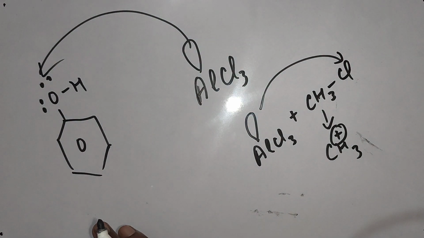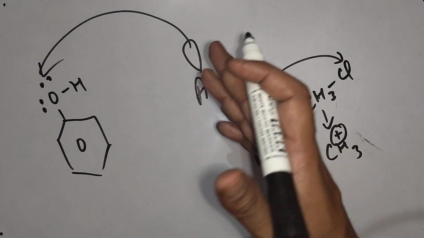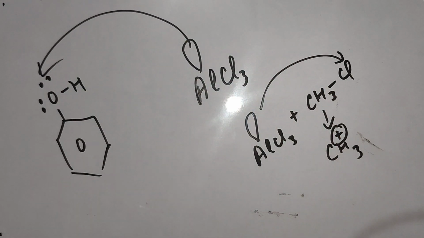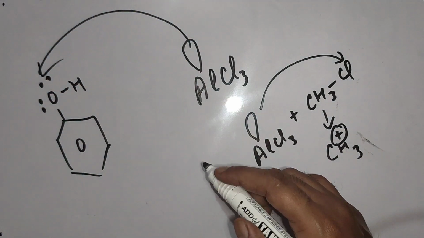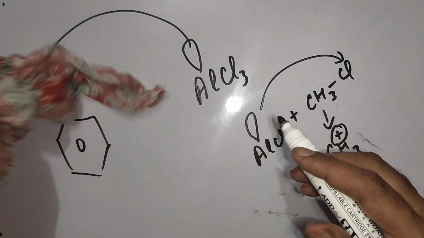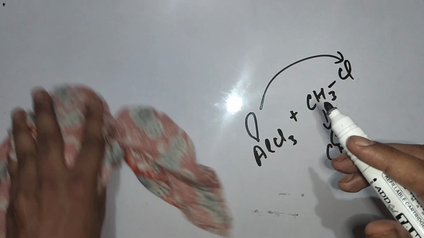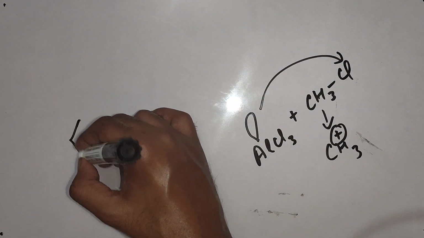A side reaction is happening. AlCl3 is looking for electrons. Oxygen also has lone pairs on it. So sometimes aluminium is directly attacking on oxygen, due to which a complex compound is generated between them.